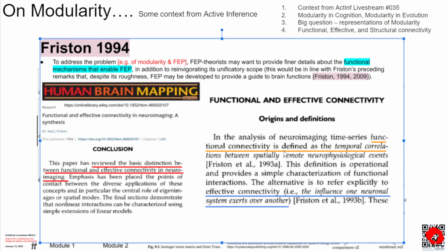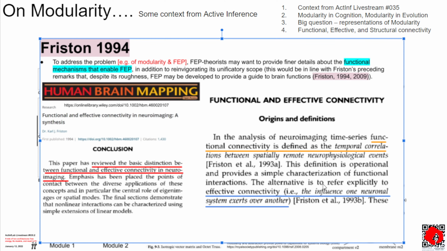In the analysis of neuroimaging time series (or evolutionary phenotype measurement time series), functional connectivity is defined as the temporal correlations between spatially remote neurophysiological events. This definition is operational of functional connectivity and provides a simple characterization of functional interactions.